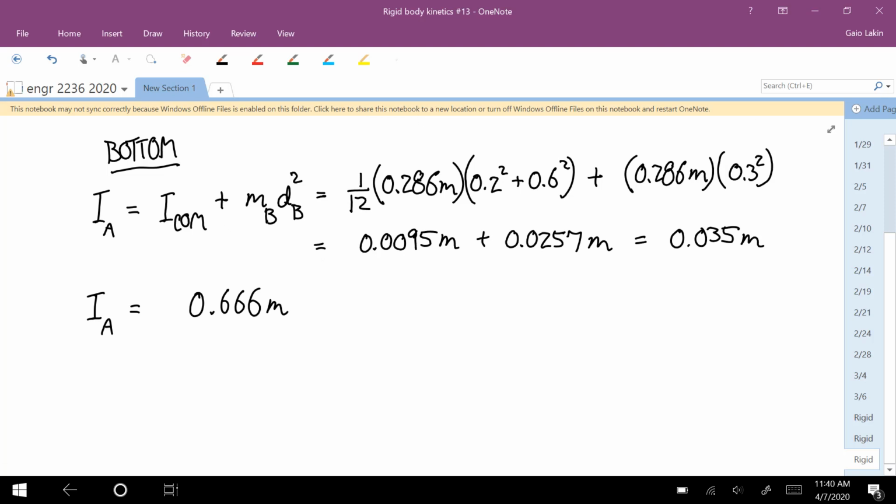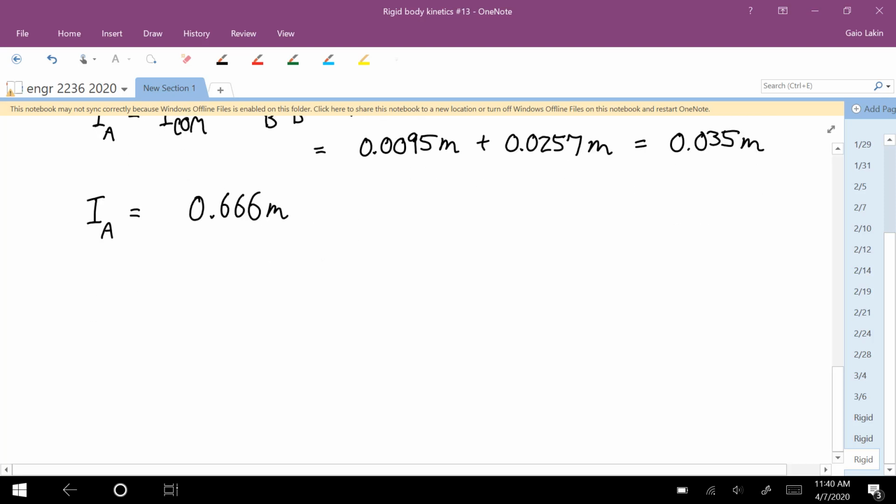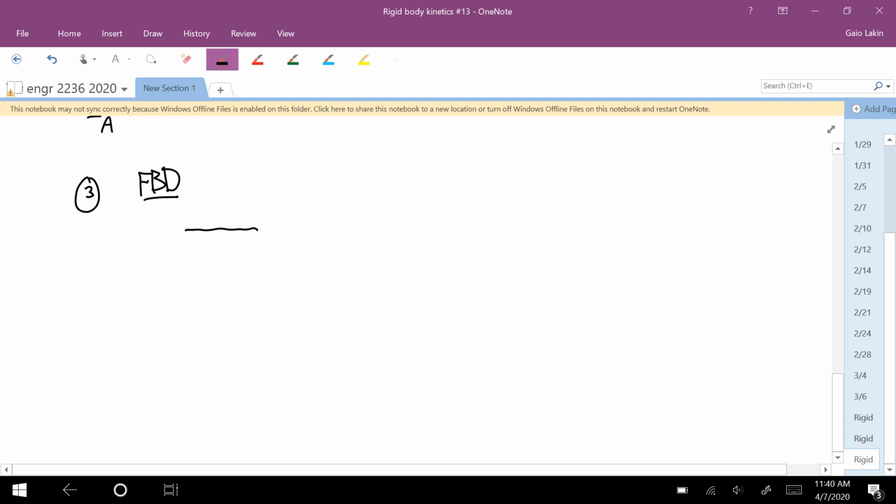Now we can draw a free body diagram. So you can think of this as the third step. Wherever the centroid of this whole thing is, it's going to be there somewhere, and there's going to be a weight force acting there that's equal to 9.81 m.